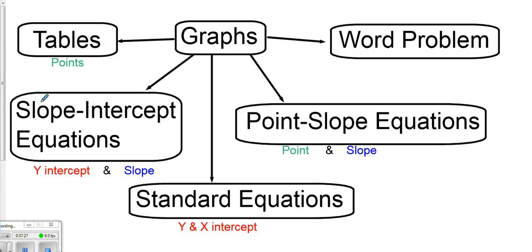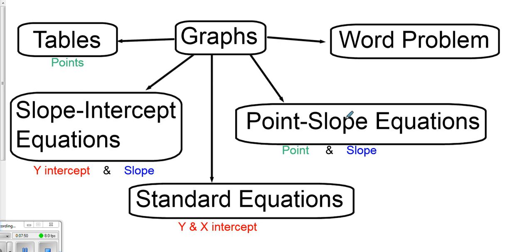What can we do with all that information? Well, you can go from a graph into a table and just make a bunch of those points in your table. You can make a slope-intercept equation if they were nice enough to give you the y-intercept, and you figured out the slope. You can write a standard form equation if they gave you both the y and the x-intercept.